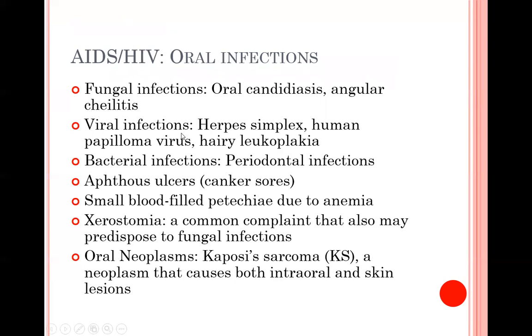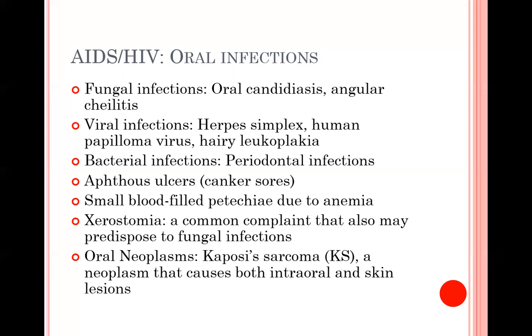So what are the oral infections that we are concerned about with patients that are HIV positive or have AIDS? Like we said earlier, we're concerned with fungal infections, oral candidiasis or angular cheilitis, and viral infections such as herpes simplex if their immune system is lower, and also papillomavirus and hairy leukoplakia, which we'd be concerned about popping up because of their compromised immune system. Bacterial infections, periodontal disease, of course, they're going to be more at risk for this.